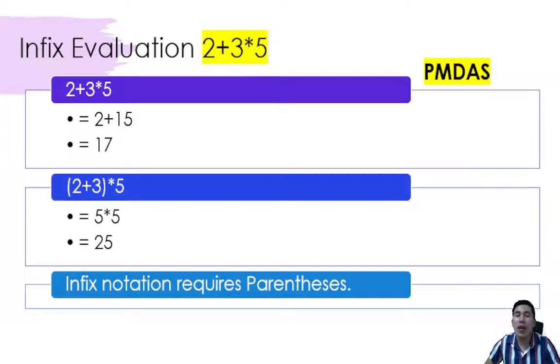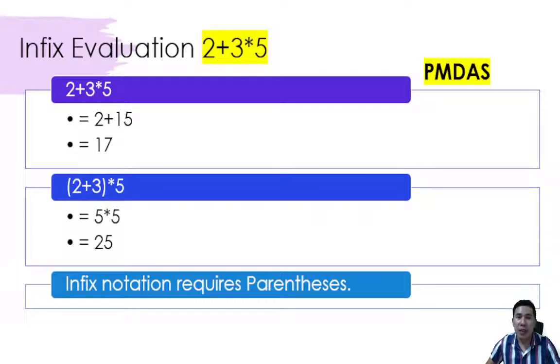Okay. So let's have an evaluation of an infix notation. Of course this is what we normally do in our daily lives, especially in calculating certain expressions. Mathematically, we are used to following this one. Infix notation is again where the operators are placed in between operands. So you have here 2 plus 3 times 5.